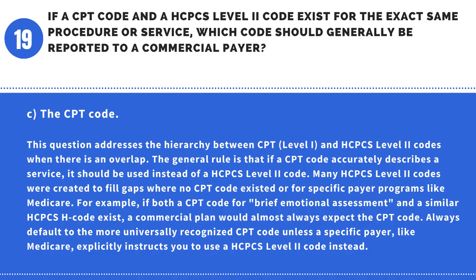For example, if both a CPT code for brief emotional assessment and a similar HCPCS H code exist, a commercial plan would almost always expect the CPT code. Always default to the more universally recognized CPT code unless a specific payer, like Medicare, explicitly instructs you to use a HCPCS Level 2 code instead.